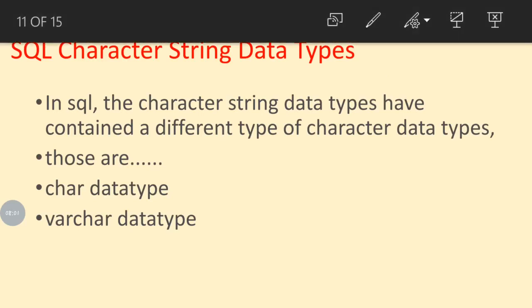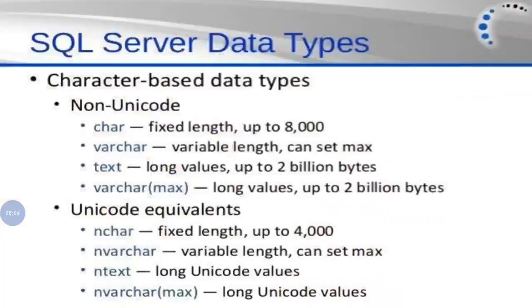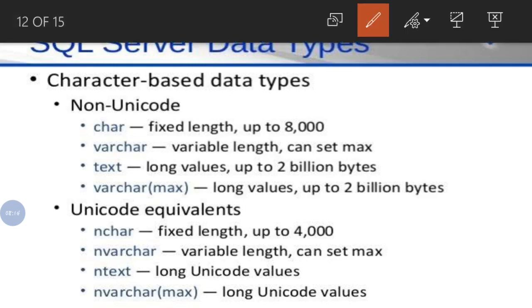So the character based data types come under two different types: one is char and the other is varchar. Char means it is a fixed length, and varchar means it is a variable length. What is the difference between fixed length and variable length?